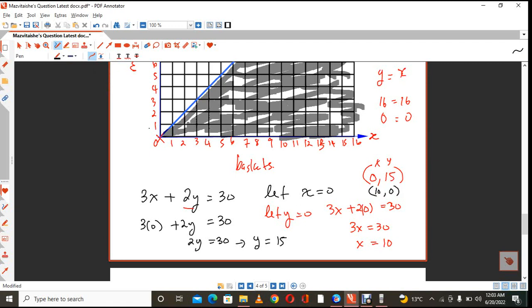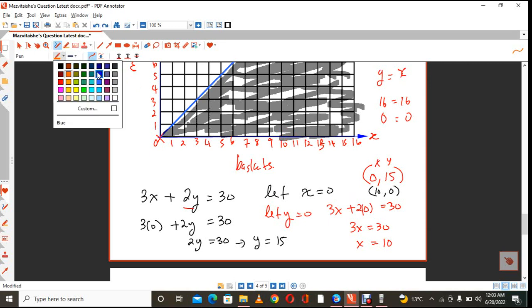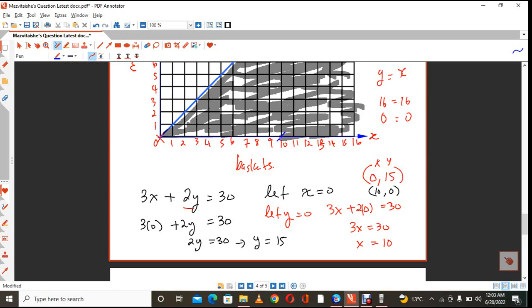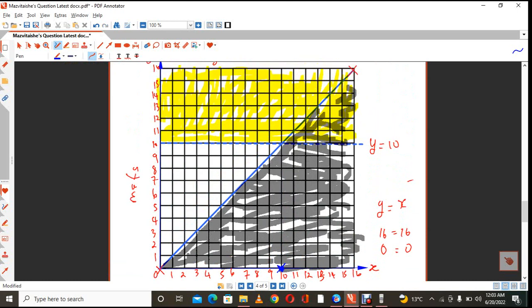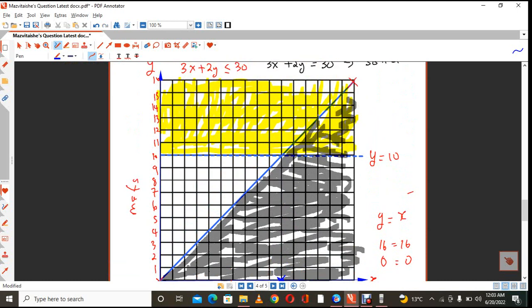So we are going to plot these points, okay? The point x is 10, y is 0 is this point here. Can you see that? Even if you can't see it, let's bring it in a color that is a bit different. X is 10, y is 0. The other point is 0, 15. That means x is 0, and that point is all the way up there.